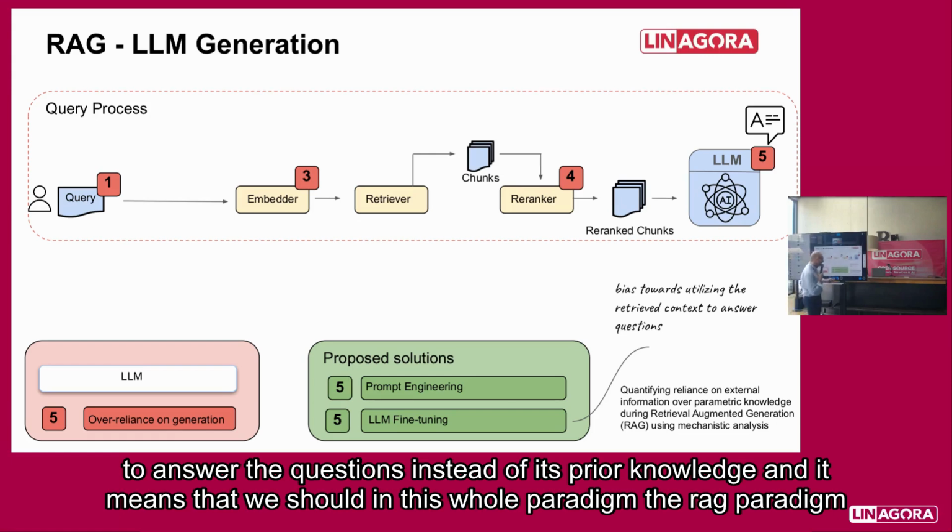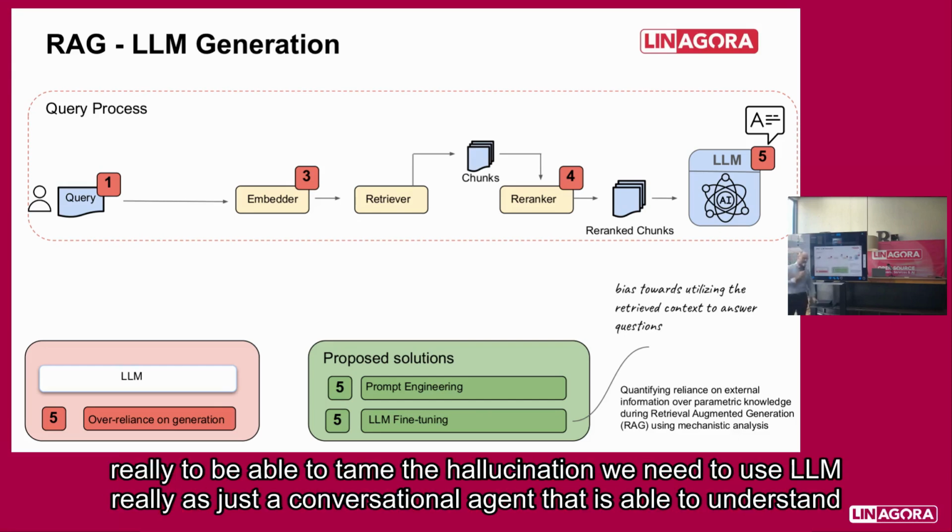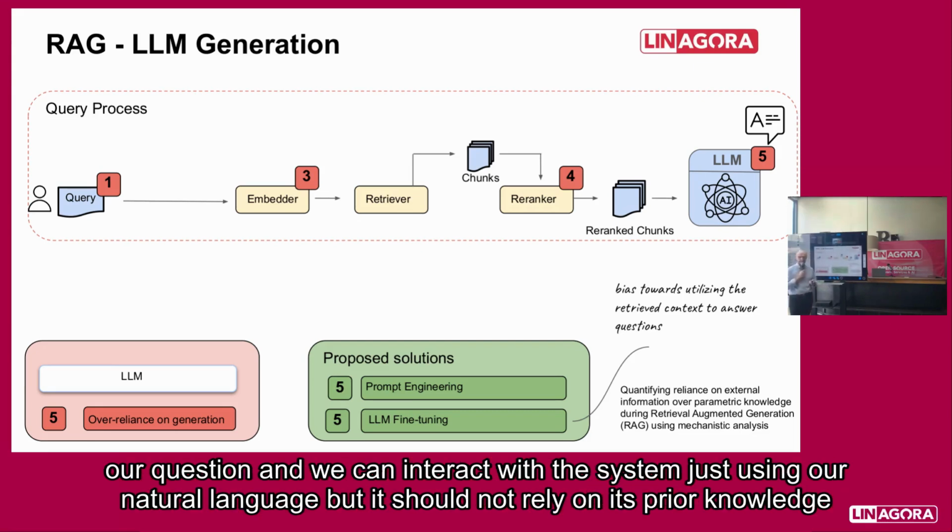It means that in the RAG paradigm, to tame hallucination, we need to use the LLM just as a conversational agent that understands our question, so we can interact with the system in natural language, but it should not rely on its prior knowledge.